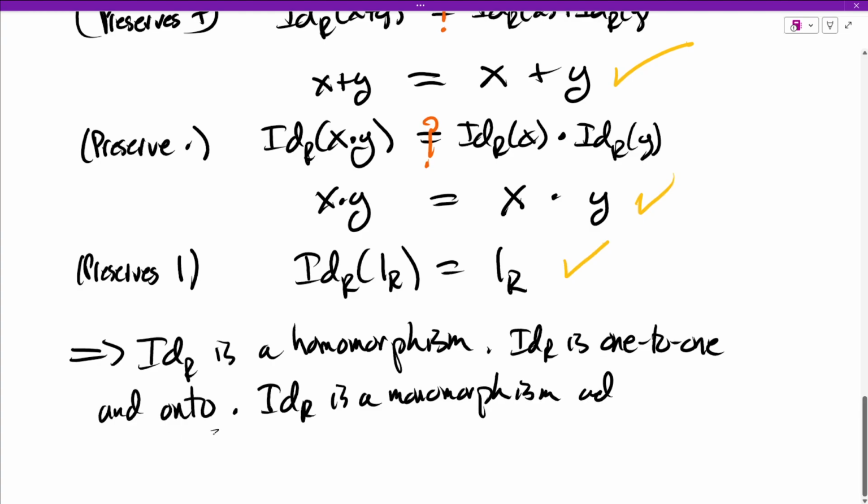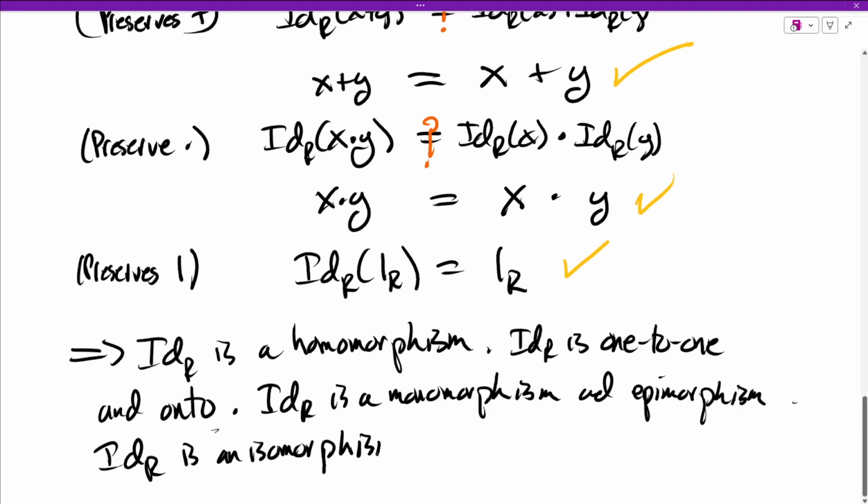And because it's onto, the identity is also an epimorphism. So we're both a monomorphism and an epimorphism. So this tells us that the identity is an isomorphism. That's the criteria for being an isomorphism. You're monic and epic.